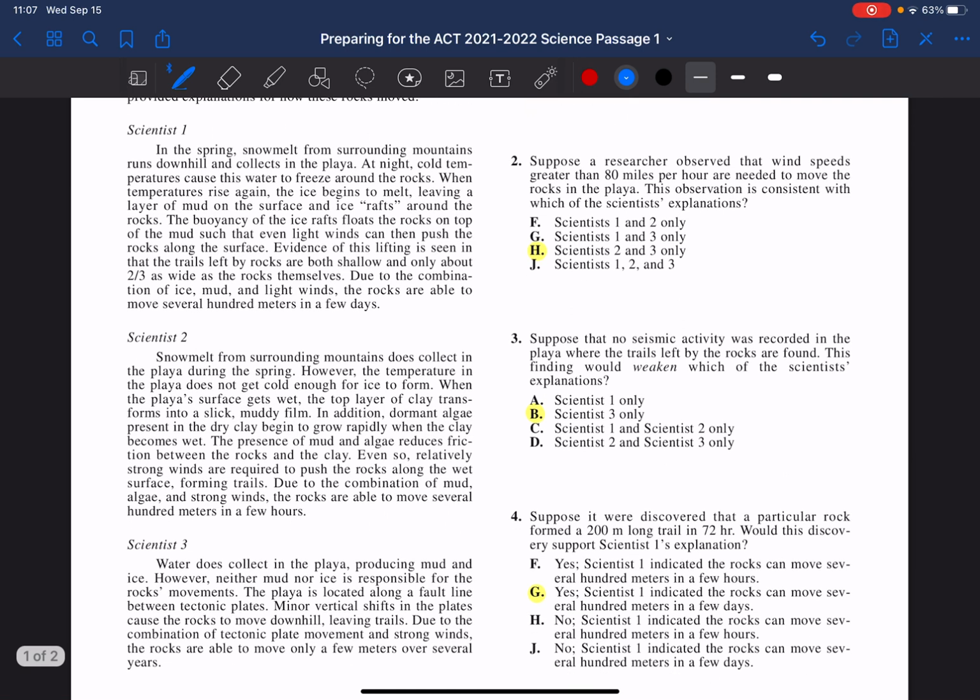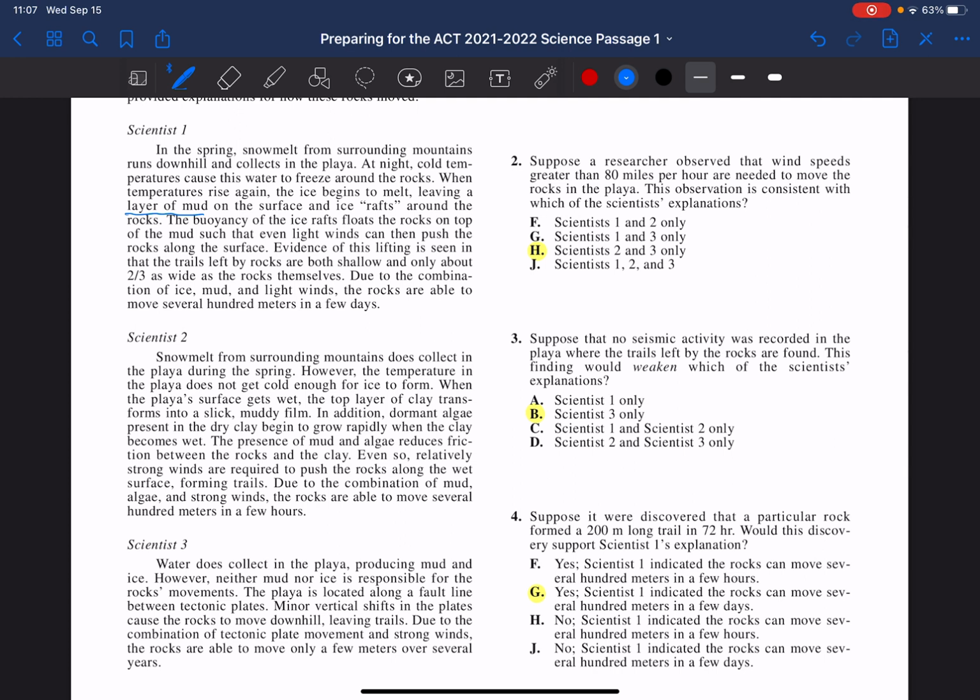So scientist 1 makes mention of the fact that snow melt runs down and collects, and as the cold temperatures freeze, they freeze around the rocks, and the ice melts. It creates a layer of mud. That's important. And the ice rafts around the rocks.